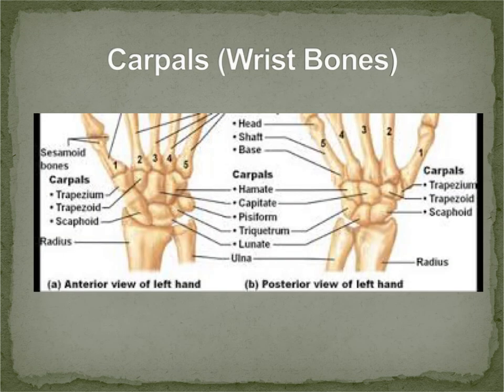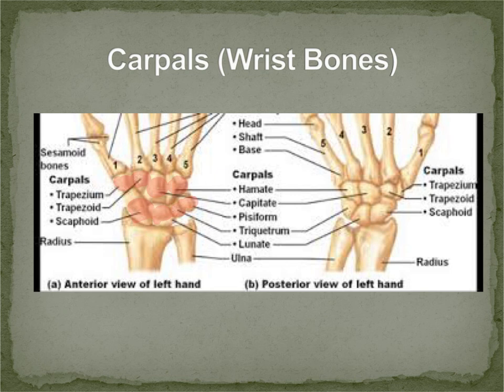Next are the carpals. The carpals are the wrist bones. These are very small bones. 1, 2, 3, 4, 5, 6, 7, 8.